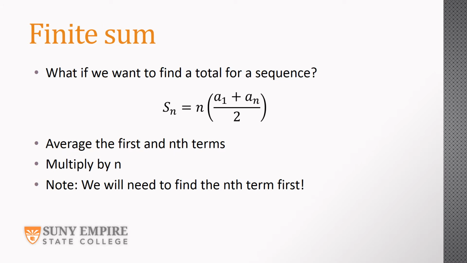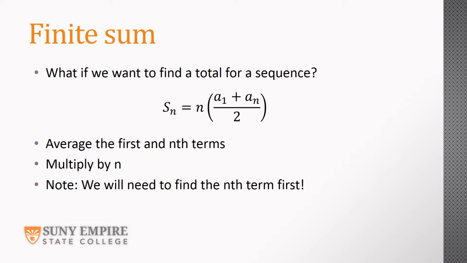Another task we sometimes are required to complete is finding a total for a sequence, or at least some finite portion of the sequence. To find this partial sum, we could list out all the terms, then add them up. As with the general term, there is a formula to find these partial sums.